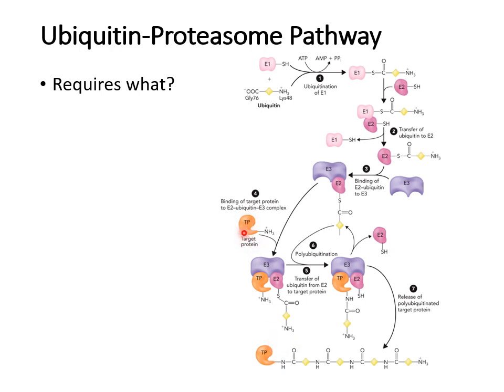And over here is where you see the target protein basically getting attacked by the complex. And like I said, it's an ATP dependent reaction and ultimately requires a process in which at least four ubiquitin subunits are linked together through the process of having that E1, E2, E3.